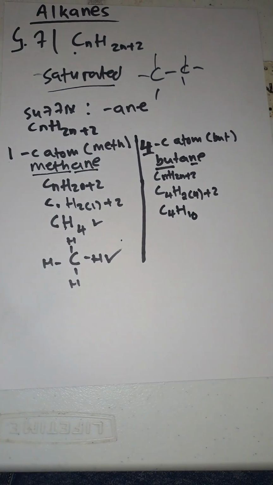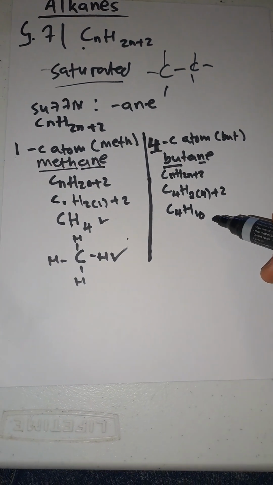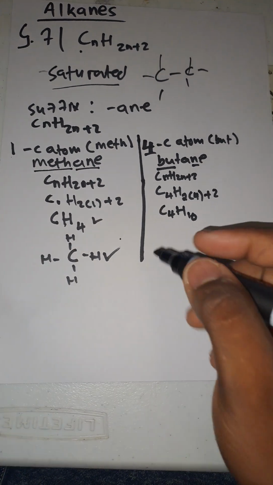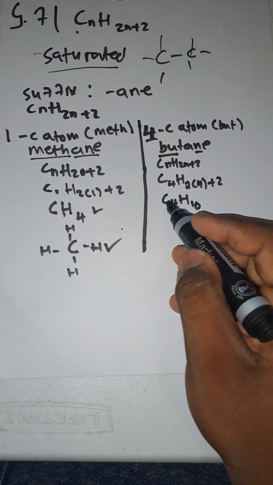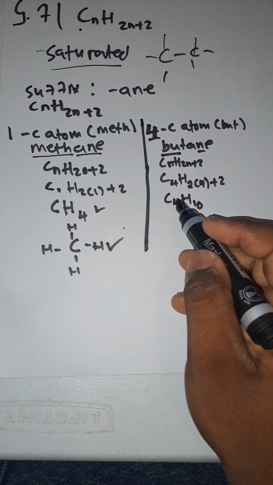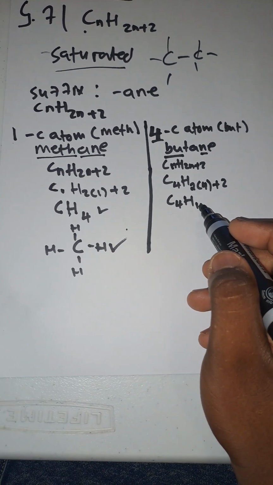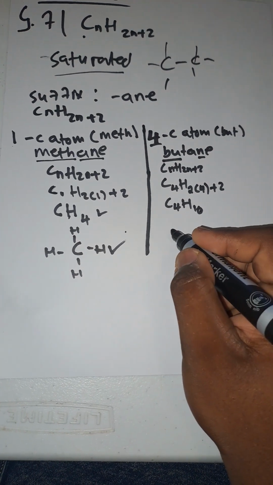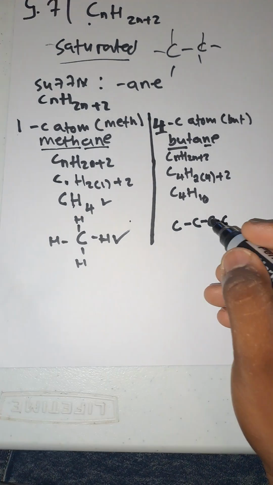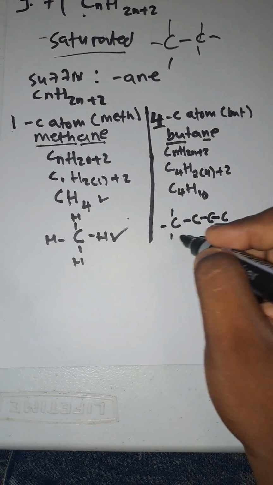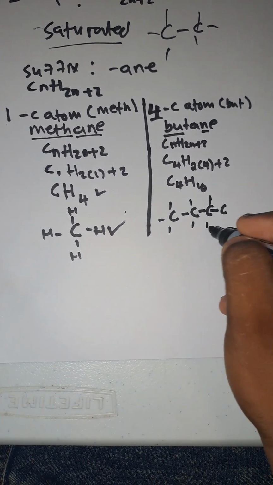So C4H10. This is the molecular formula for butane. And then let's go to our structural formula. This molecular formula means that I have how many carbon atoms? 4. And then I have how many hydrogen atoms? 10. Meaning that I'll have 1, 2, 3, 4 carbons. And carbon is always surrounded by how many bonds? 4.